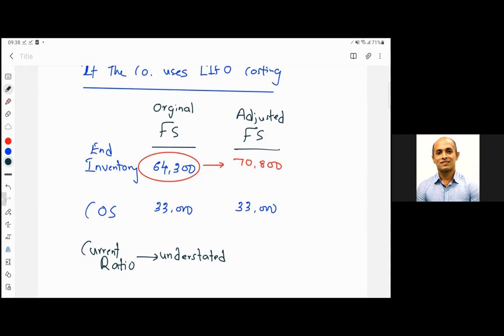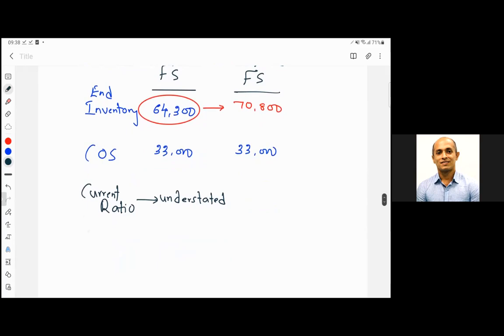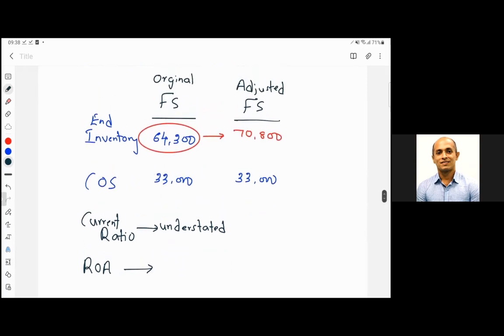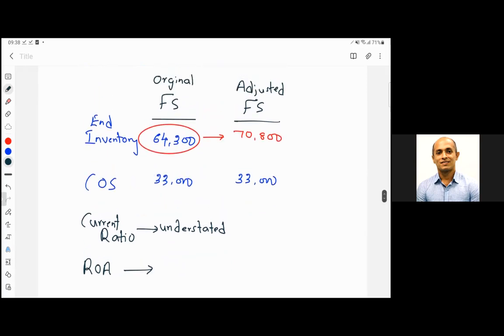Another example, return on assets. So if you do not adjust, how does return on assets get affected? If you do not adjust, what happens is your inventory value is understated.